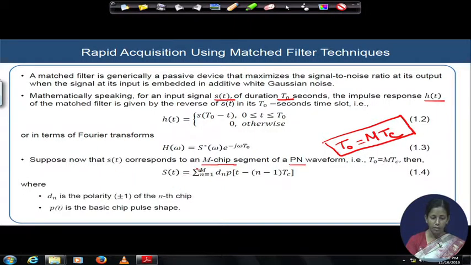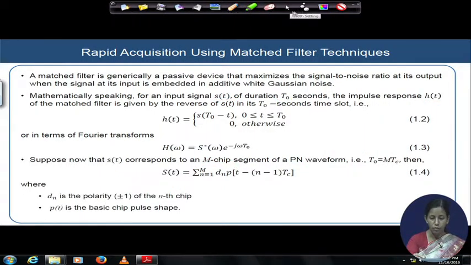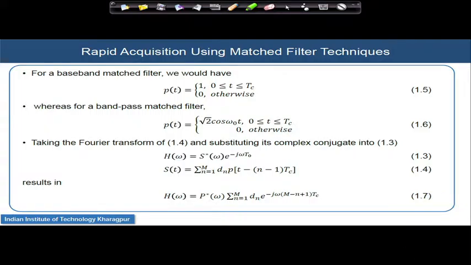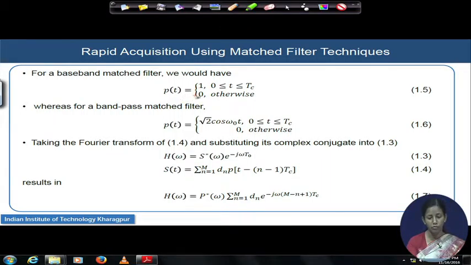Next we saw the kind of matched filter we will have in the baseband or in the passband. In the baseband case, p(t) should be designed to be equal to 1 over the duration of interest, and 0 otherwise.